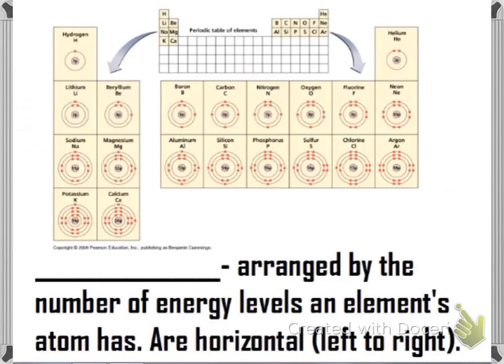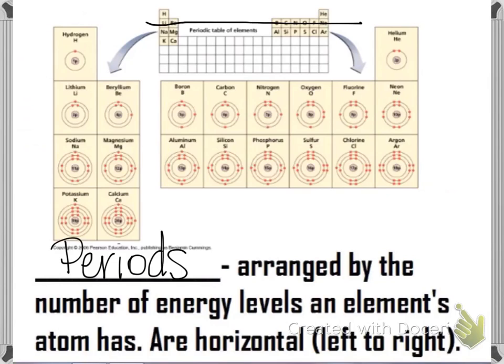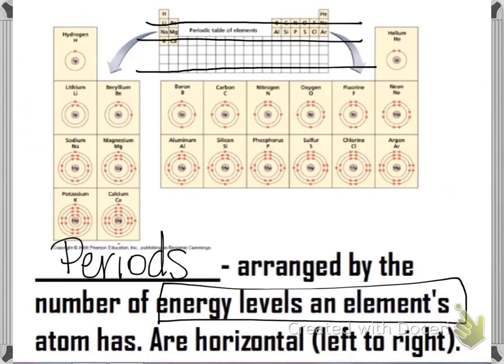Alright, next we're looking at periods. Periods are arranged by the number of energy levels an element's atom has. These are horizontal, from left to right. You can see I've drawn it there.